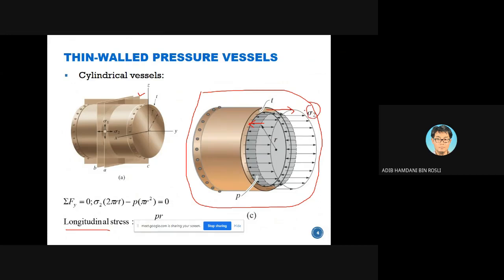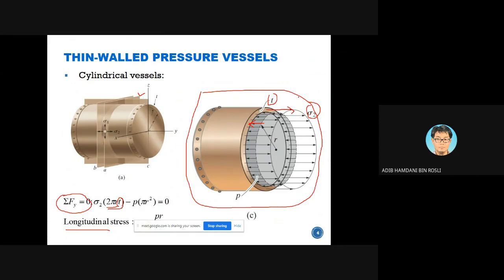Here you do the summation of forces in the y direction equals 0, equilibrium. It will be sigma 2 times this wall area. Understand that? The wall area will be what? This circumference, 2 pi r, times the thickness t. So this is the area, 2 pi r times t.